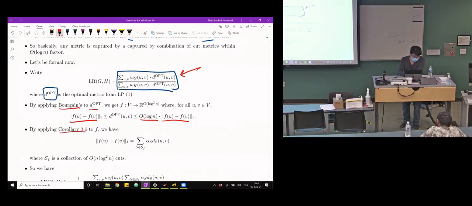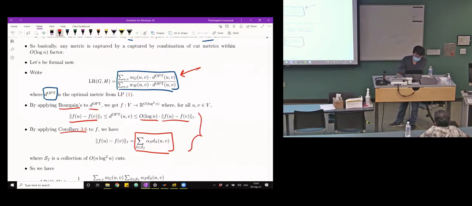And note that we know that F also is just a combination of cut metrics. So for every UV, you can write this distance in L1 as a combination of distances in cut metrics.